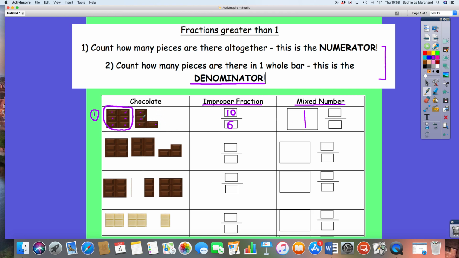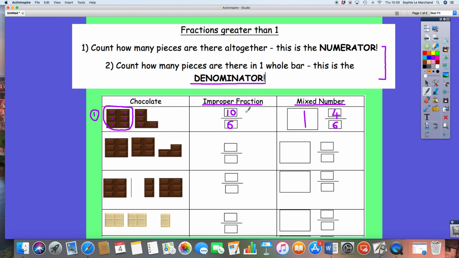We've got 1, 2, 3, 4 pieces of chocolate out of, we know that in one whole bar there would be 6. So, as a mixed number fraction, this amount of chocolate would represent one whole bar and 4/6.